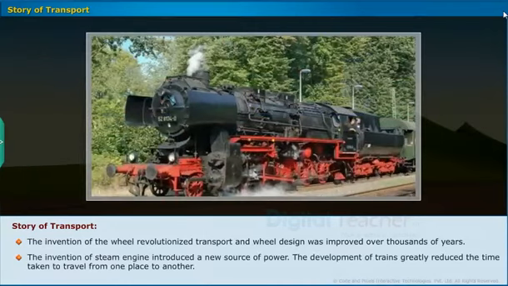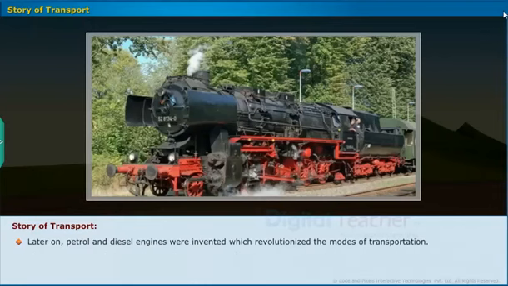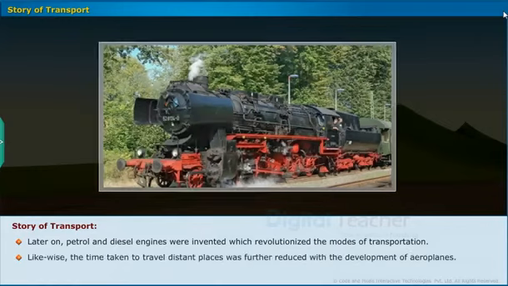The invention of steam engine introduced a new source of power. The development of trains greatly reduced the time taken to travel from one place to another. Later on, petrol and diesel engines were invented, which revolutionized the modes of transportation.